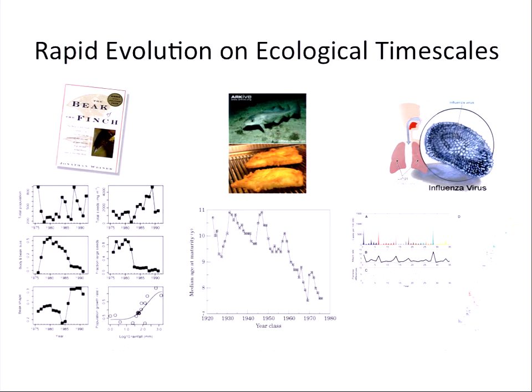And it's also induced evolutionary changes in size at various ages and age to maturation. And then another very important example is influenza and many other diseases. In the case of flu, we can see that different genotypes evolve over time and are responsible for outbreaks over time. So there's a turnover of the genetic type of the virus.